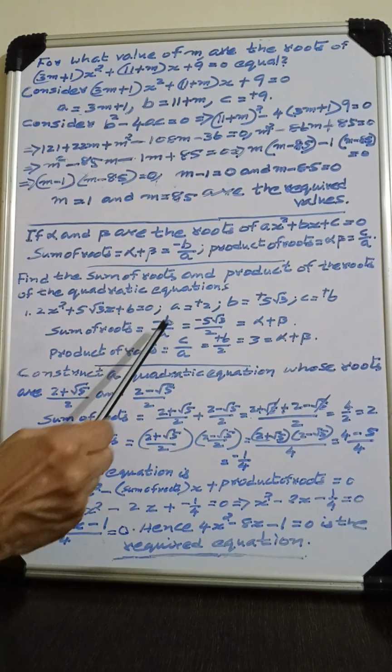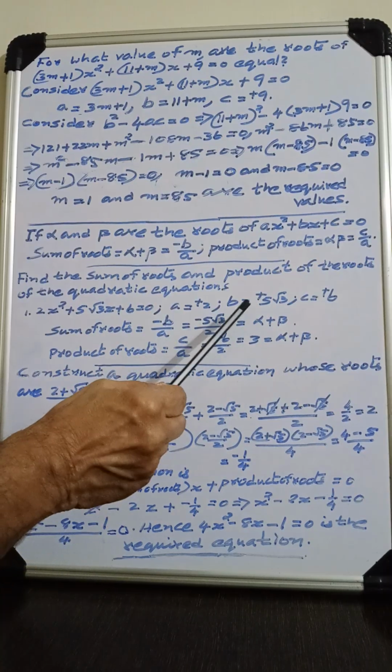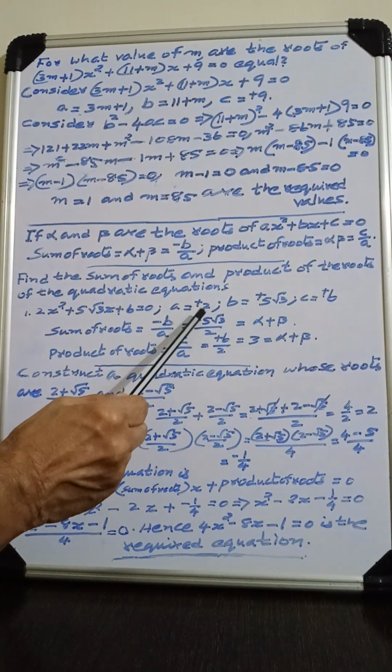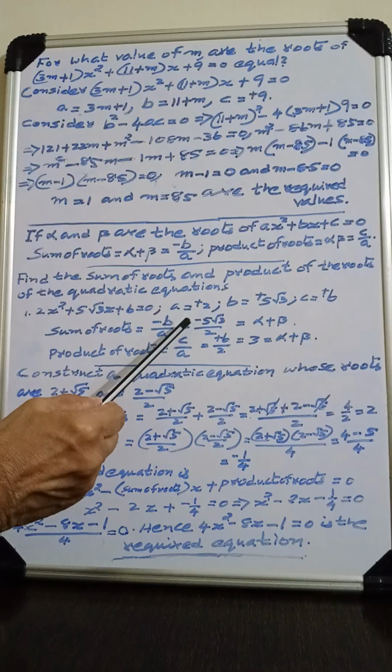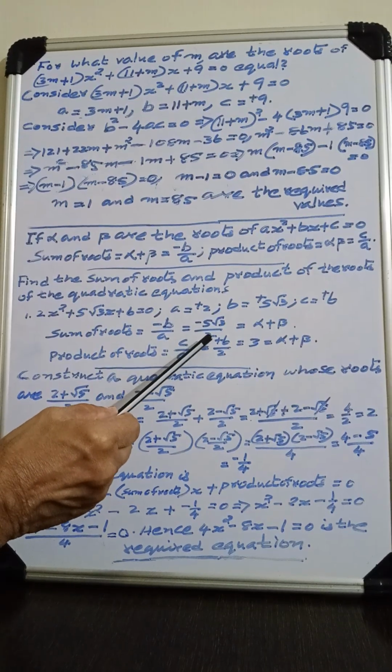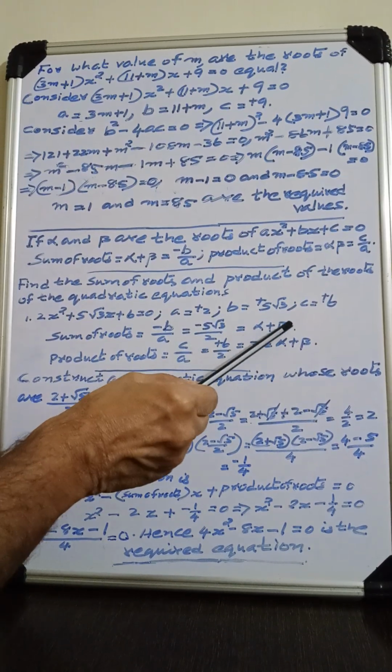Sum of the roots equals minus b by a. Therefore, it is minus 5 root 3 by 2. That is defined as alpha plus beta.